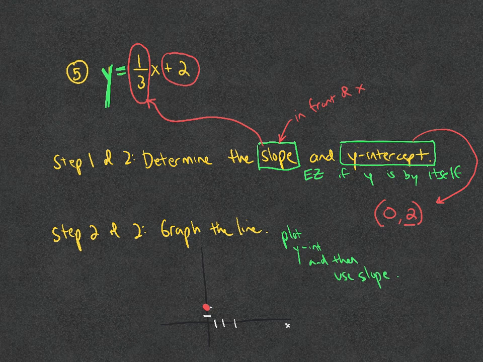And that's our next point, and we're just going to combine them. So plot the y-intercept again. Just to recap, plot the y-intercept at 0, 2, and then we're going to rise, which is the 1, and then run, which is the 3. So up 1 over 3.